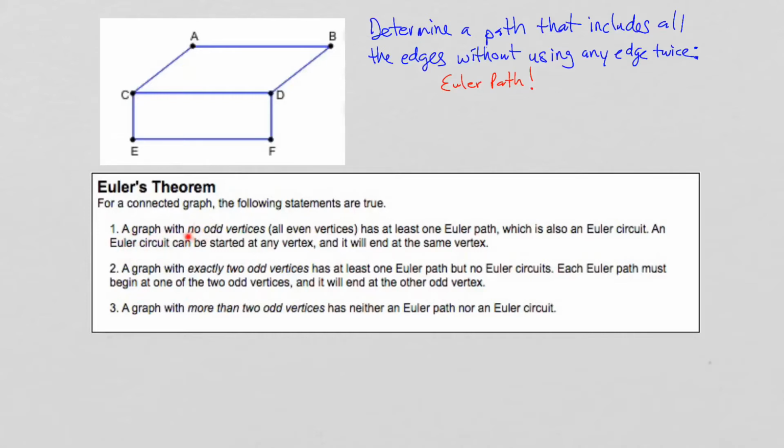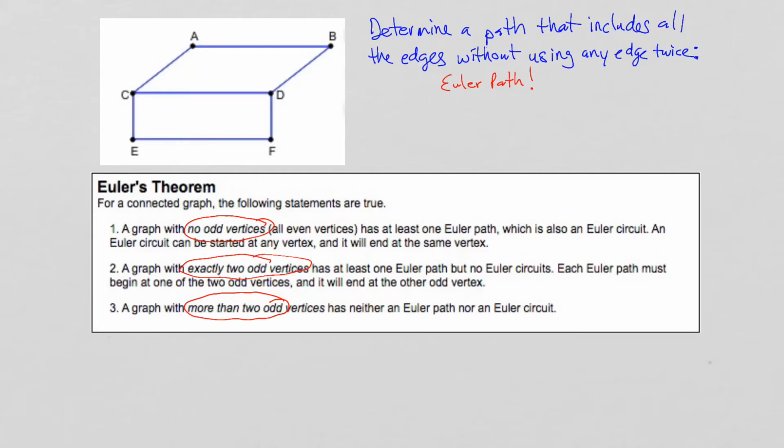Euler's theorem says if it has no odd vertices, then it has at least one Euler path and an Euler circuit. If it has exactly 2, then it has an Euler path but no Euler circuits. And a graph with more than 2 odd vertices has neither of those. So if you see more than 2 odd, you're going to have to say there is no path.